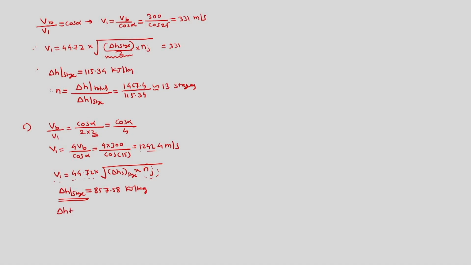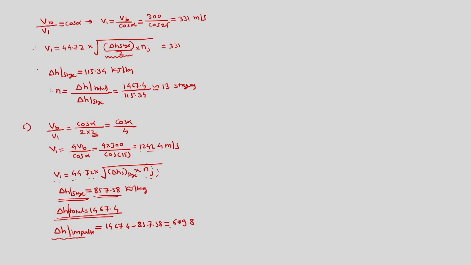We know delta H total is 1467.4, and we want one stage of velocity compounded Curtis turbine, so we subtract 857.58 from it. So delta H for simple impulse is equal to 1467.4 minus 857.58, which is 609.8.